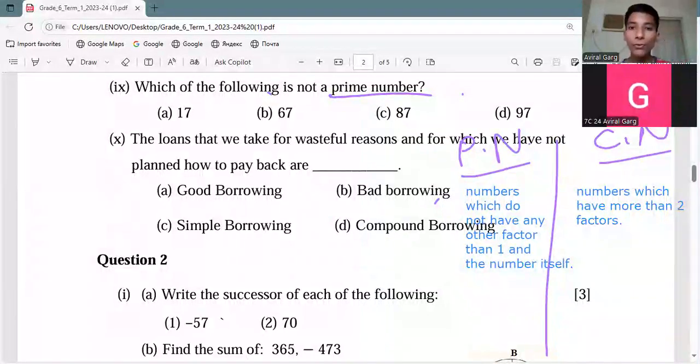What does the word factor mean? Factor means that the number can be divided by its factor. Factors of 4 are 1, 2 and 4, because 4 is completely divisible by 4 itself, 2 and 1. So those are called factors. Now remember, 1 is neither prime nor composite.